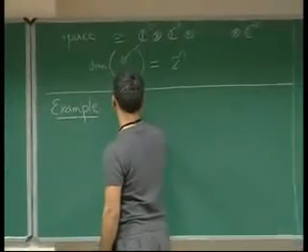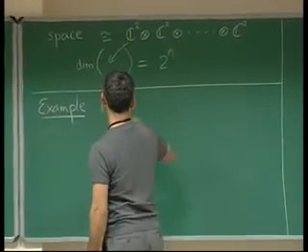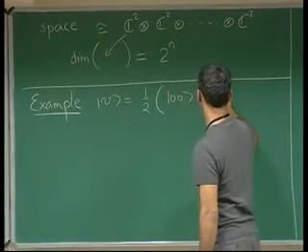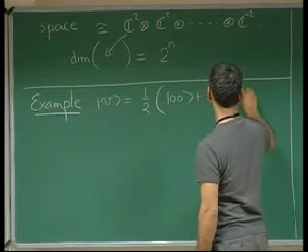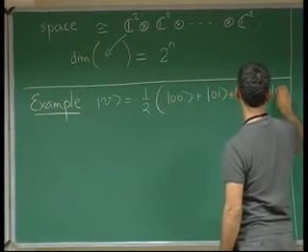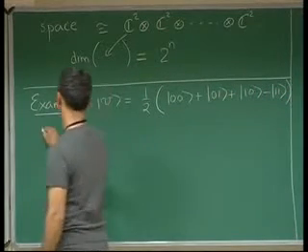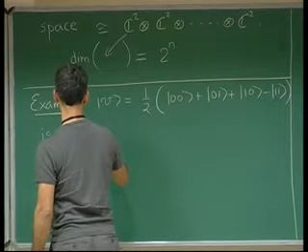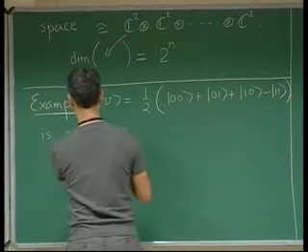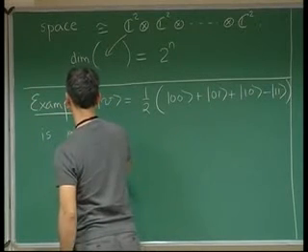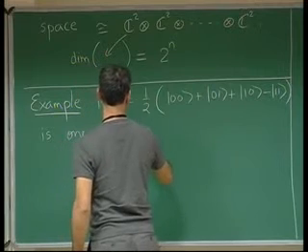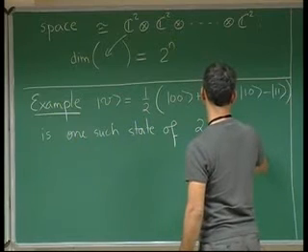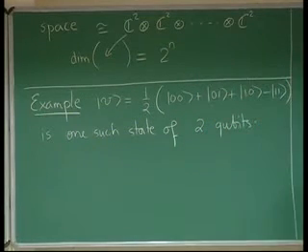So for example, the state V, which is given by |00> plus |01> plus |10> minus |11>, is one such state of 2 qubits.